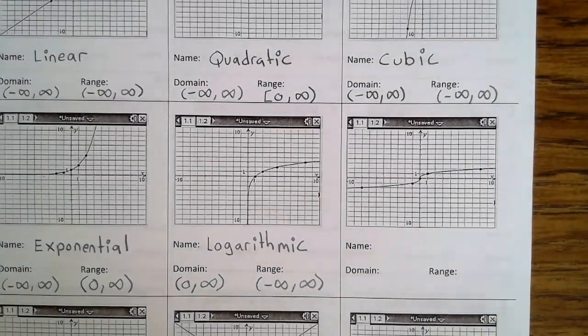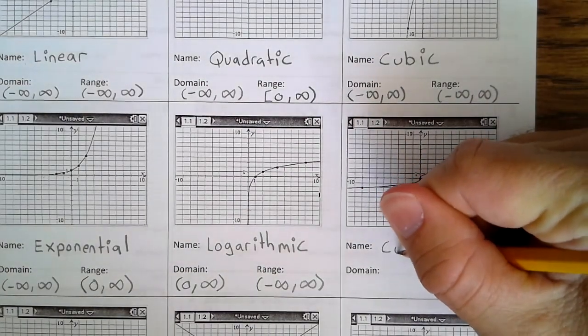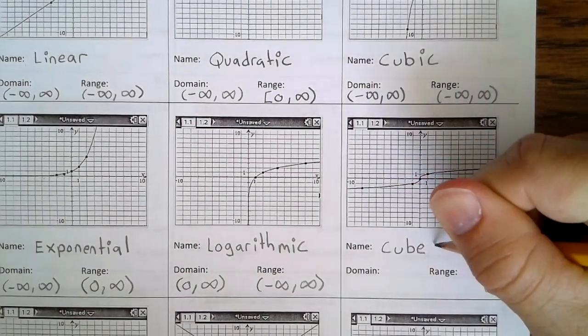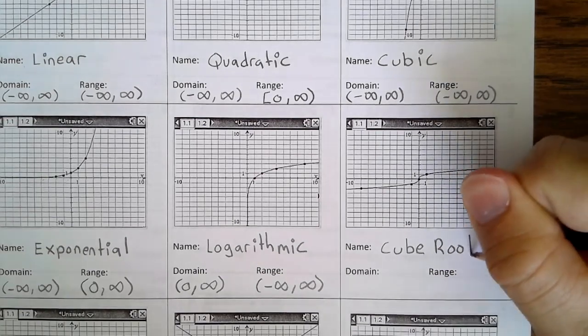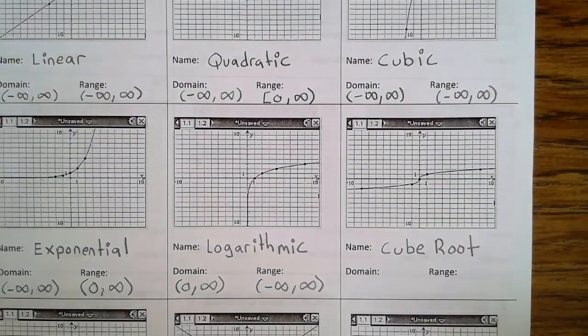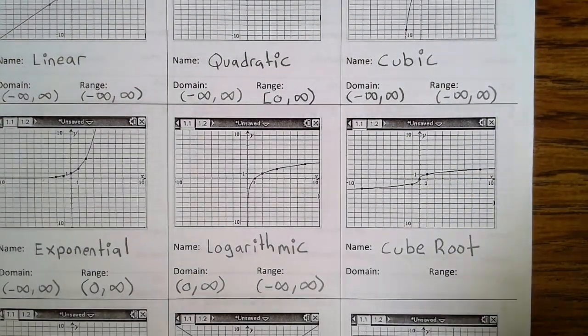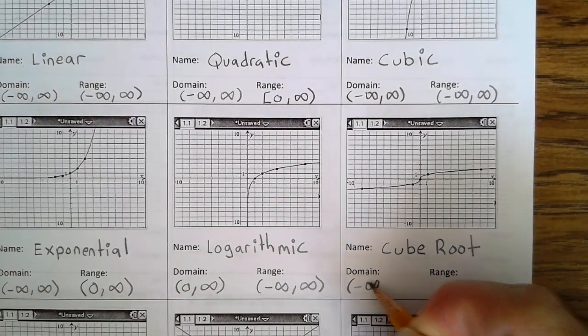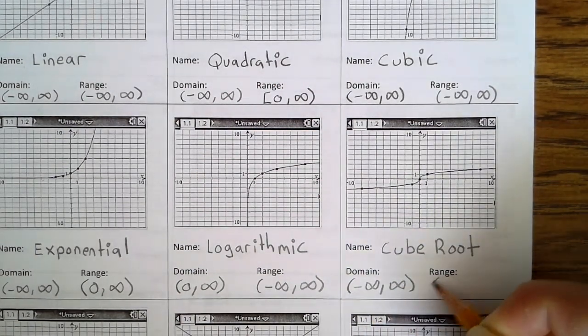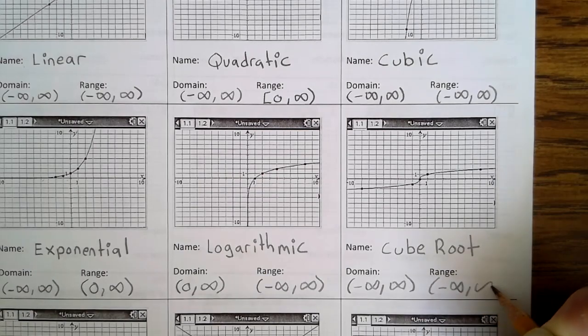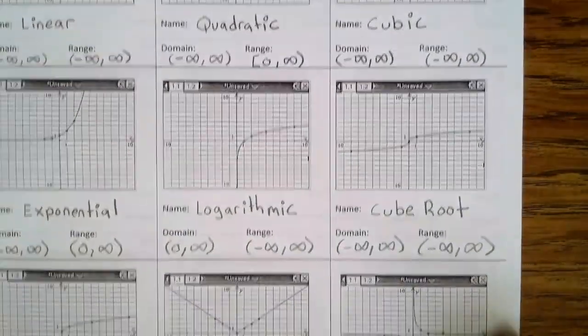And then the next one is cube root. And again, the domain is from negative infinity to positive infinity, and the range is from negative infinity to positive infinity.